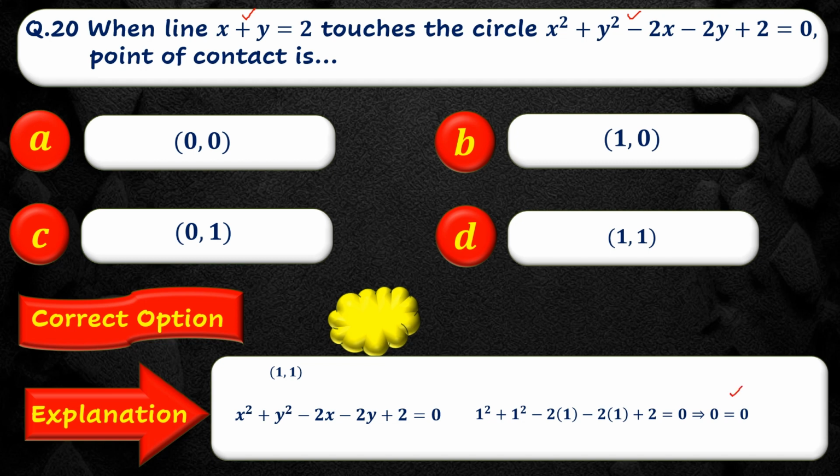Therefore (1, 1) satisfies the equation of the circle. Likewise, we take the equation of the line and put x = 1 and y = 1. It also gives 2 = 2. Therefore (1, 1) also satisfies the given line. So (1, 1) is the correct option, and the correct option is option D.